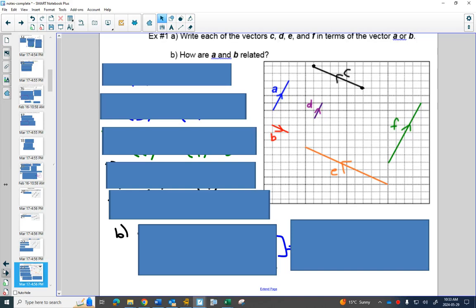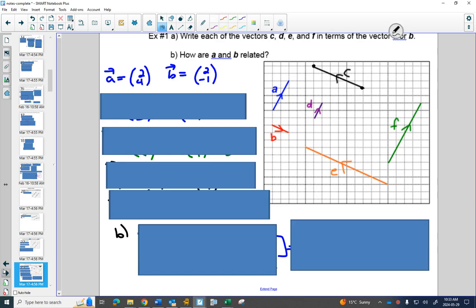So there we have C, D, E, and F. And we want to know, if A is 2, 4 and B is 2, negative 1.